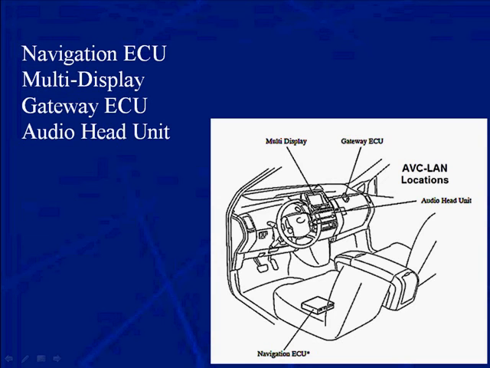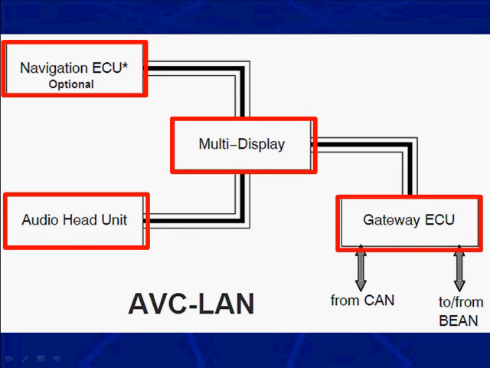And you can see that AVC-LAN locations, and you can see there's fewer ECUs on there. It's the navigation. It's the multi-function display, that information system. It's a gateway, of course. And then, of course, the audio head unit has nothing to do with anything that controls the hybrid system. And here it is. The navigation, the audio head, the multi-display, and then, of course, gateway to go to CAN and to BEAN.